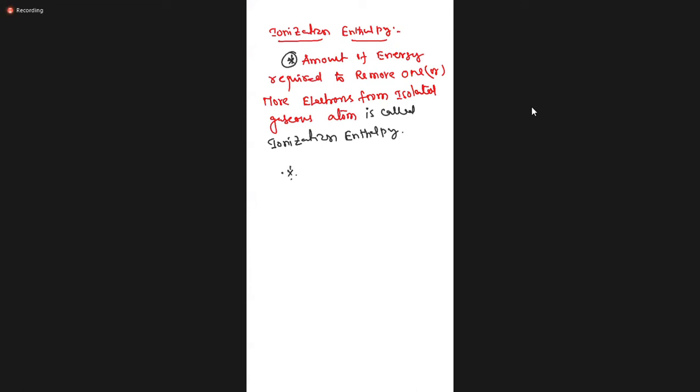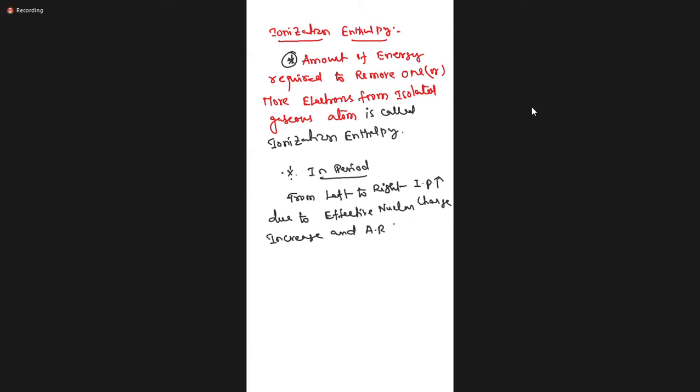So in a period, from left to right, what will happen to ionization enthalpy? The IP value will increase, due to effective nuclear charge increasing and atomic radii decreasing. This is the reason.